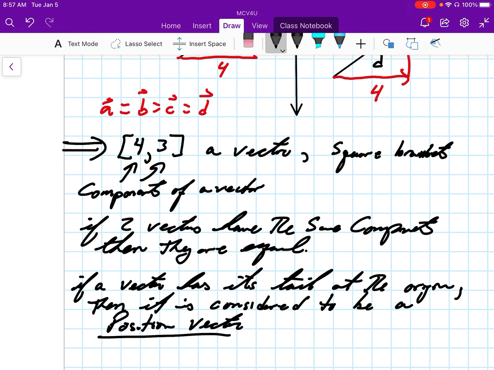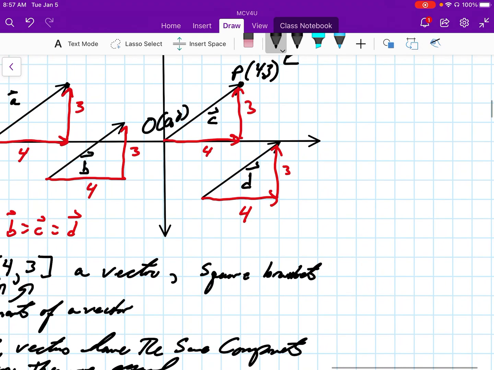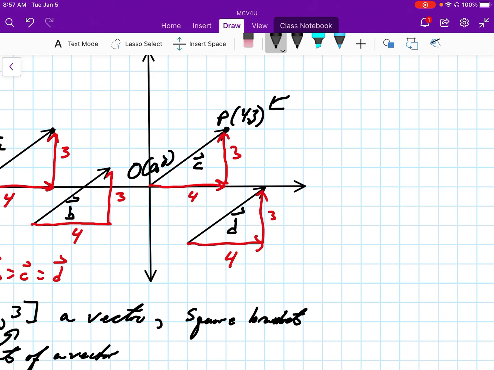Okay? The position vector has the tail at the origin, and if you notice our vector C up here, its head happens to be at the point (4, 3).